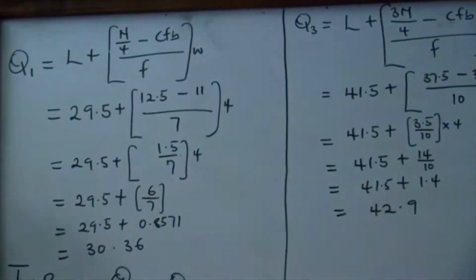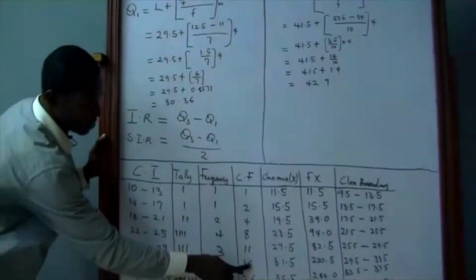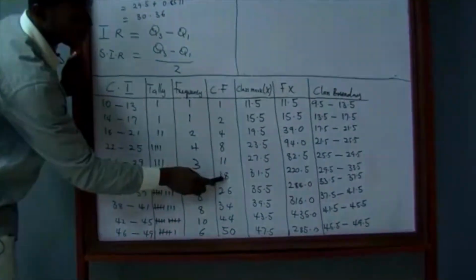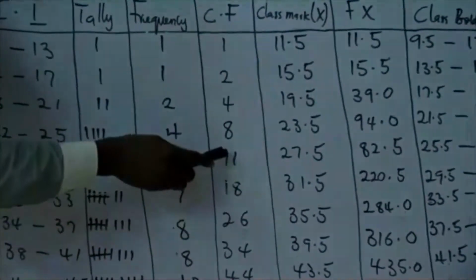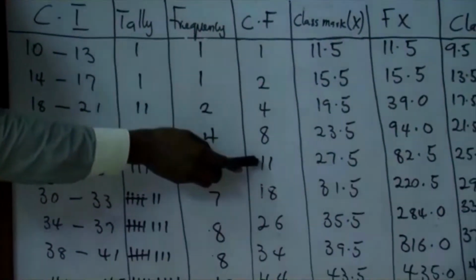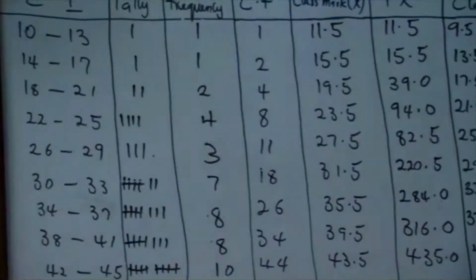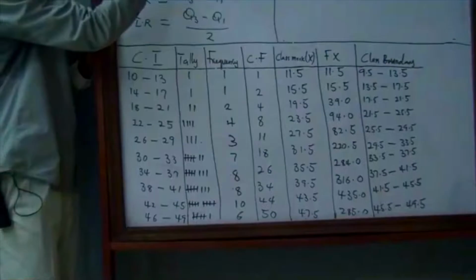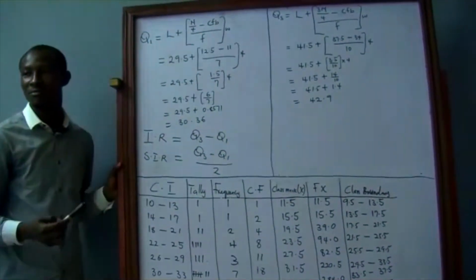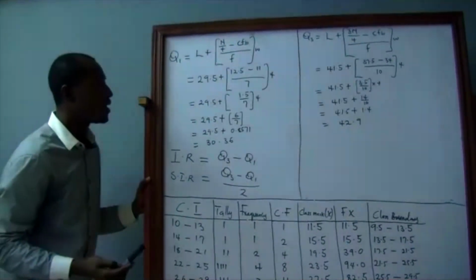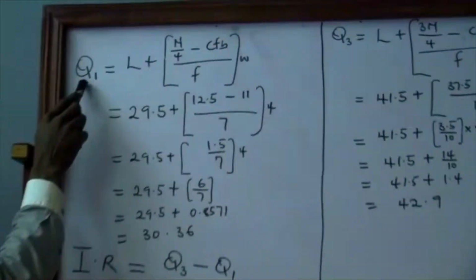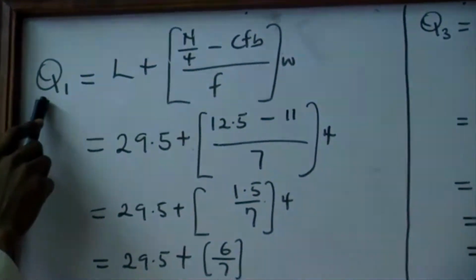Don't forget that this is my class, and I trace it down to the cumulative frequency. So what is the cumulative frequency before this class? That's 11. And that is where I obtained my 11. Divided by the frequency. I hope that is clear. The frequency of the first quartile class, the Q1 class.